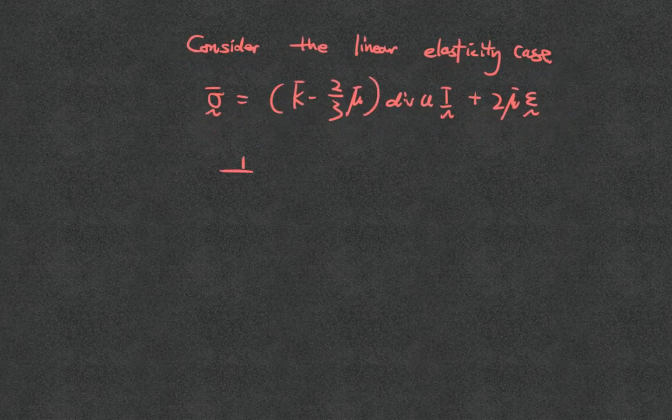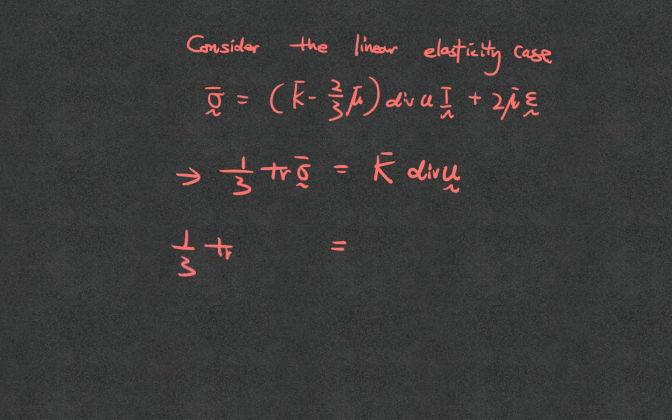I would like to write the volumetric term separately, and then I would need to add the 1 divided by 3, because this whole thing is the mean pressure, right? So 1 divided by 3 the trace of the total stress is equal to the bulk modulus times the volumetric strain plus the additional term that I have.